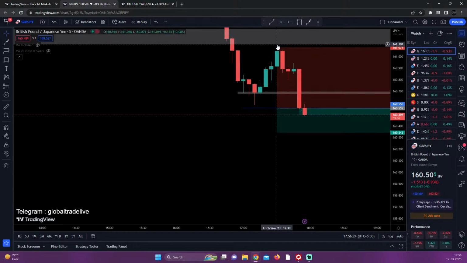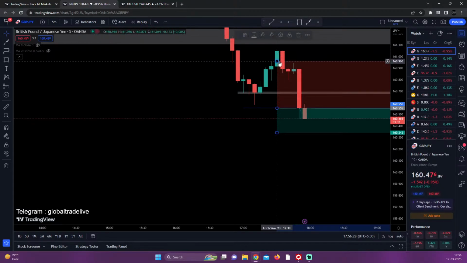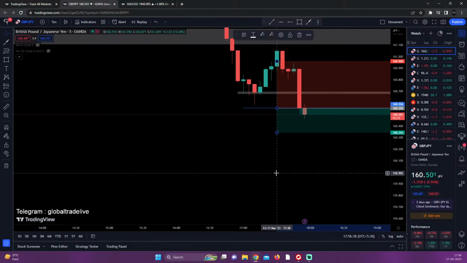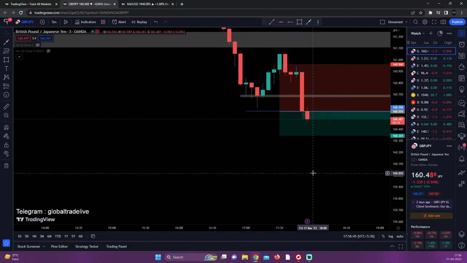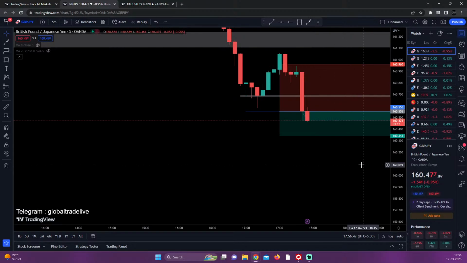So let's see if this could be a winning trade or not. Also, I'm gonna reduce my stops according to the 5-minute time frame to 160.960. Okay, so we are already running at like 7 pips. 3 minutes left. Anything can happen in the last 3 minutes, guys.